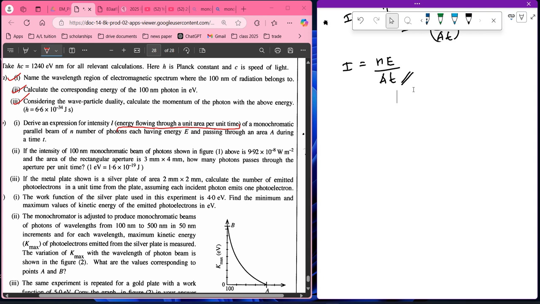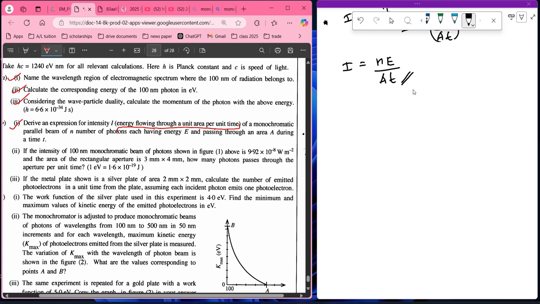Due to this reason, we collected these terms separately and then finalized this expression. So we are done with the first one in part B.